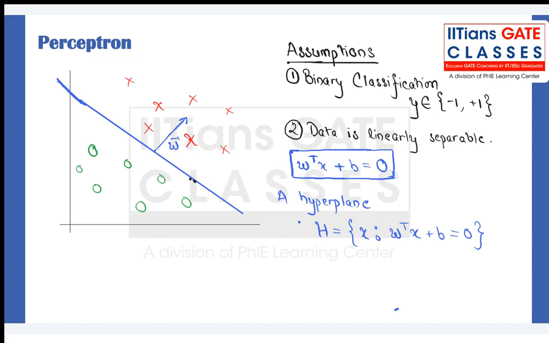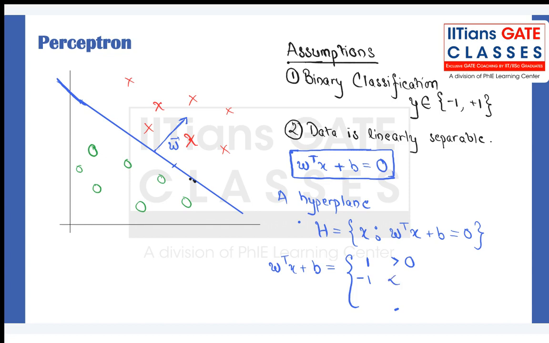And what your hyperplane does is, as I said, if this line defines your decision boundary, then W transpose X plus B gives 1 if it is greater than 0, and minus 1 if it is less than 0.